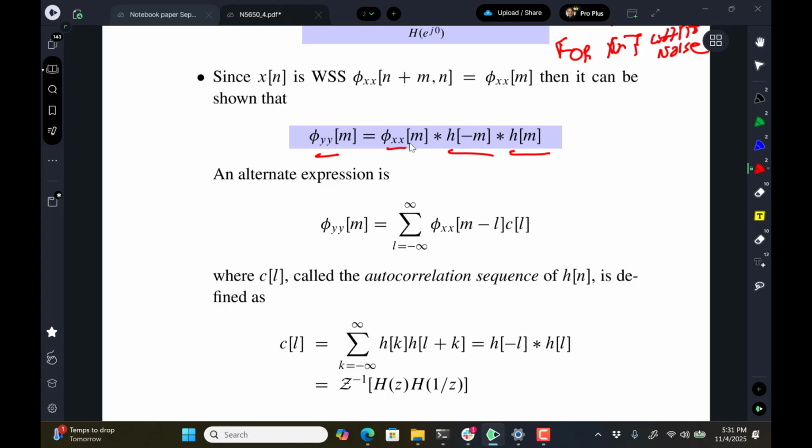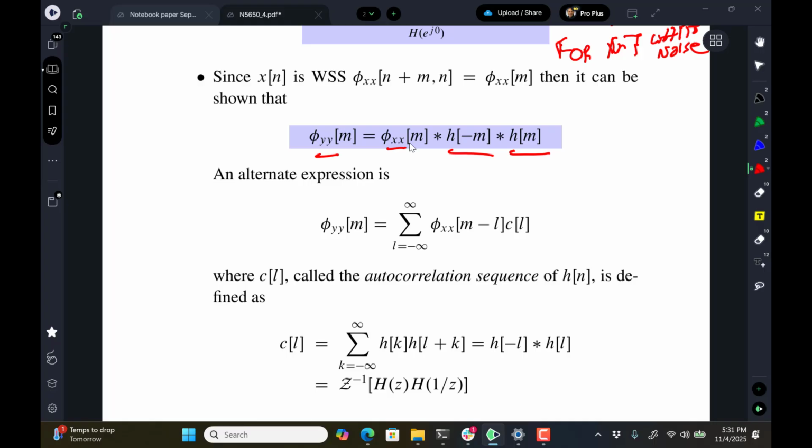I'm just telling it to you. I don't want you to sweat the details, but I do want you to appreciate the fact that there has to be two convolutions. And it seems like a bummer, but it is what it is, because it's the way the autocorrelation function works. It's the expected value of the product of two waveforms.